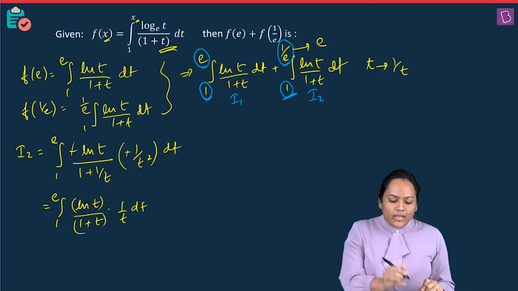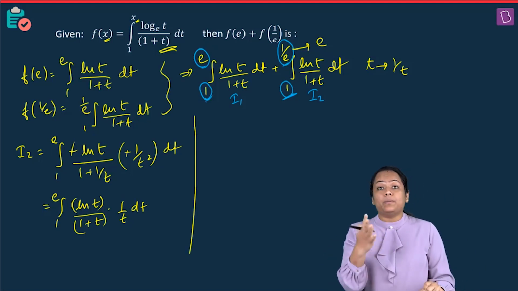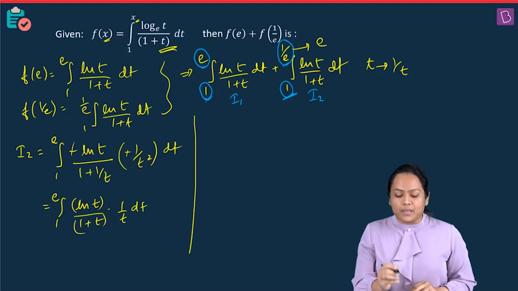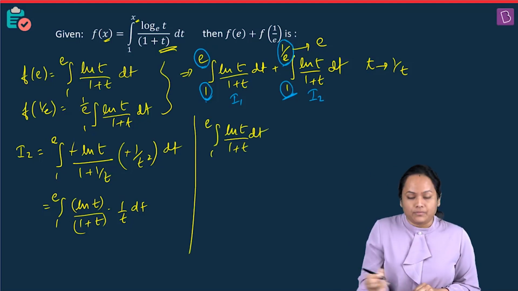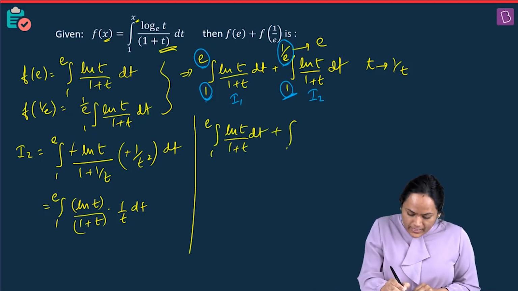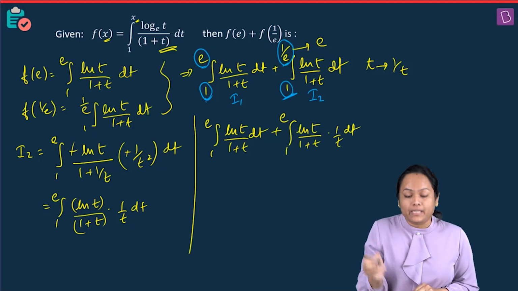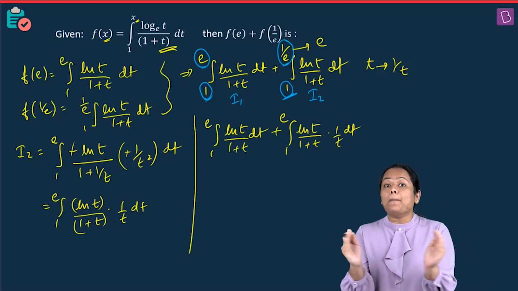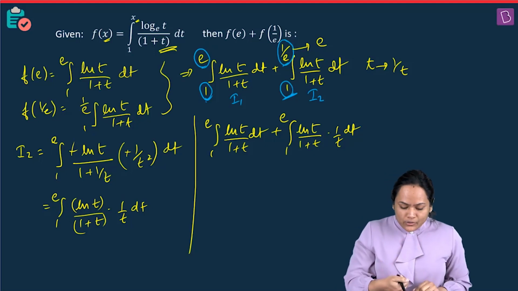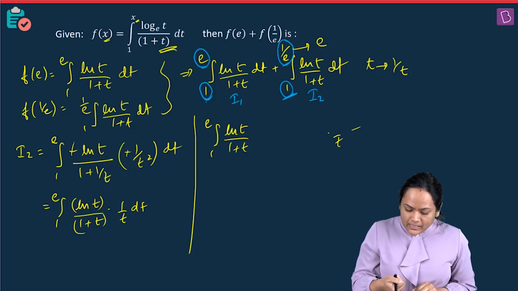Now what? Well, now we'll find the summation I1 plus I2. So now if I substitute, it's going to become the integral from 1 to e of ln t divided by 1 plus t dt. This was I1, plus I have the integral from 1 to e of ln t upon 1 plus t into 1 by t dt. And guys, this you already know. If the limits are the same, we can combine the inner terms, right?